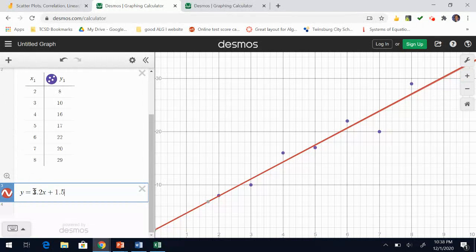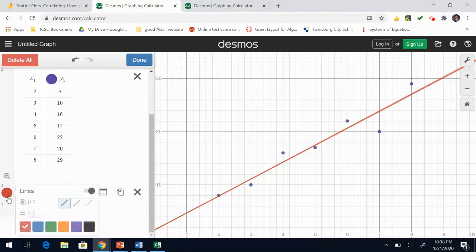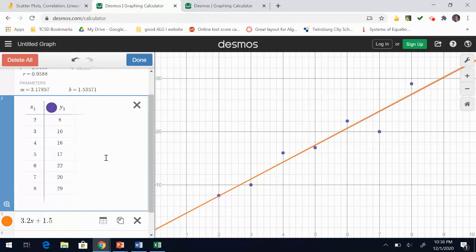All right, I'm just going to leave this as the expression here. So this is my line here. I'm just going to change the color because it was red before. Let's change it to orange for the browns, right? So there is that line.